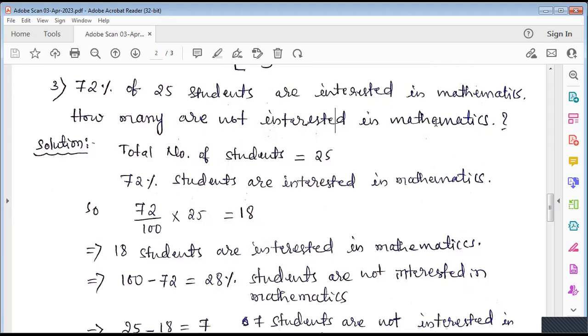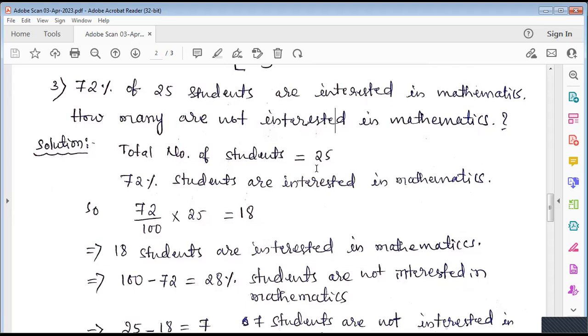So in a classroom, 25 students are there. Out of that 25 students, 72% of 25 are interested in mathematics, and the remaining are not interested in mathematics. So we have to find out how many are not interested in mathematics.